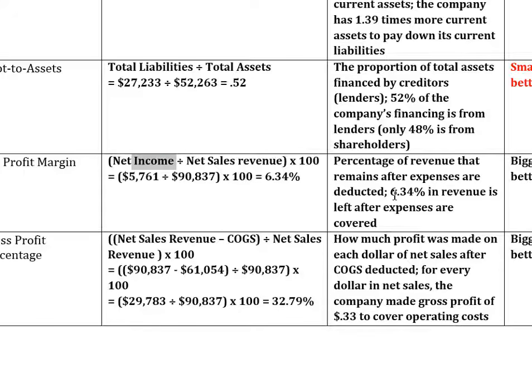So the bigger, the better. Why? Because we would be keeping more revenue in our business. The more we can keep in our business after we cover all of our expenses, the better we are. The more profit we'll keep, the more retained earnings we'll have, so bigger is better.